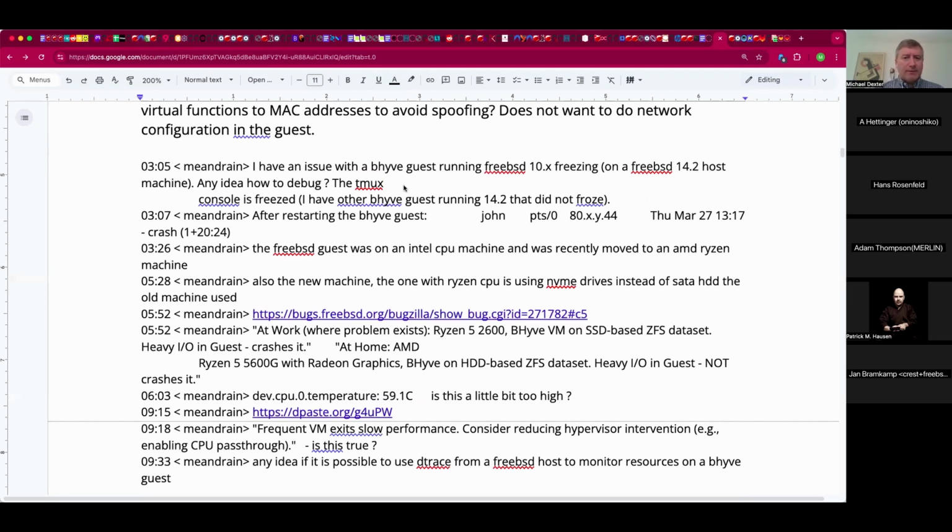It's been kind of quiet there. Someone was having an issue with a FreeBSD 10 VM under 14.2 freezing. And when they say freezing, I'm wondering if it's running out of memory, running out of all sorts of countless things that have nothing to do with bhyve per se, but it's on Ryzen. They posted some dmesg stuff. Let's see what that has.